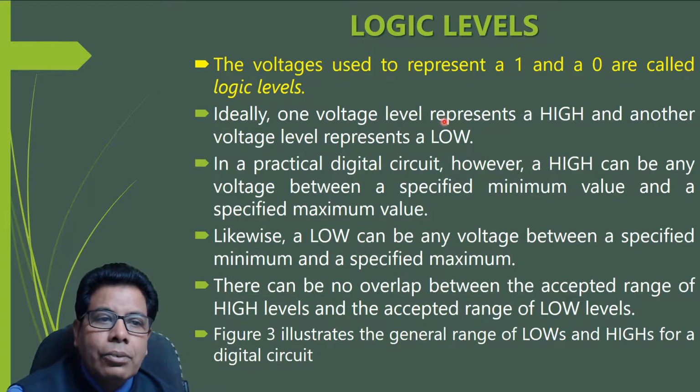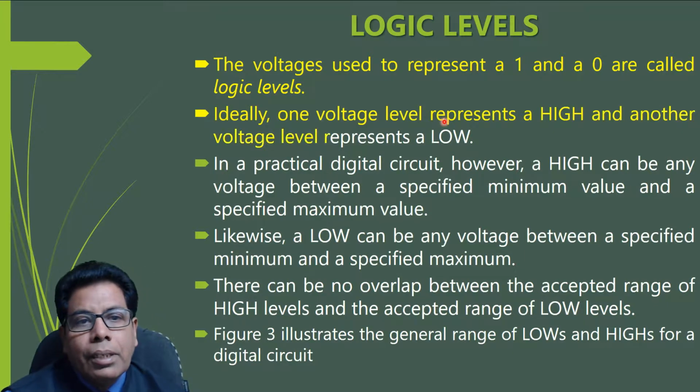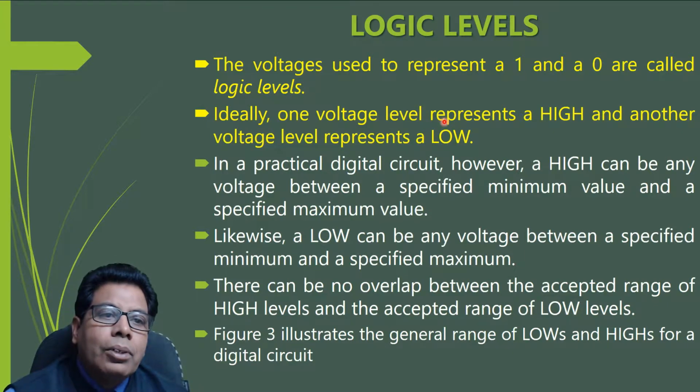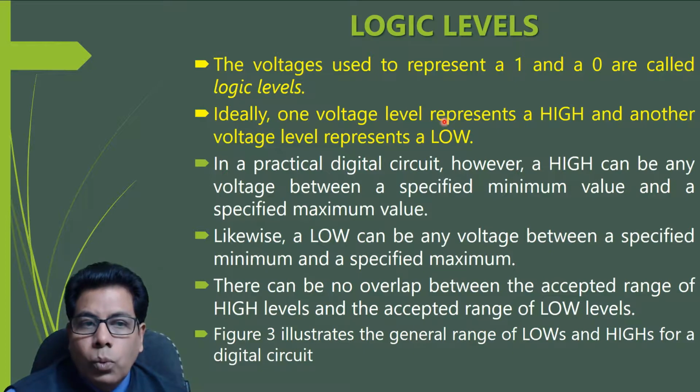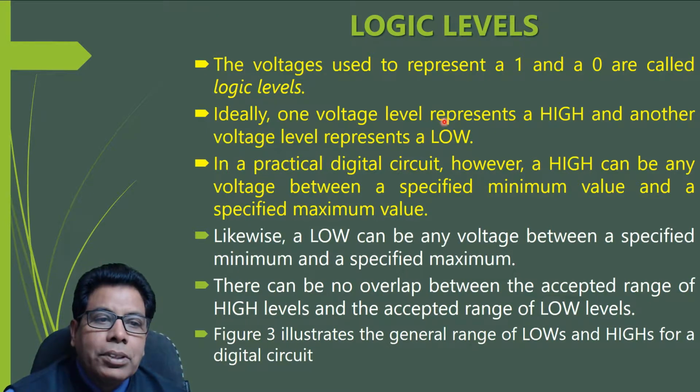So ideally, one voltage level represents a high and another voltage level represents a low. In practical digital circuits, however, high can be any voltage between a specified minimum value and a specified maximum value.